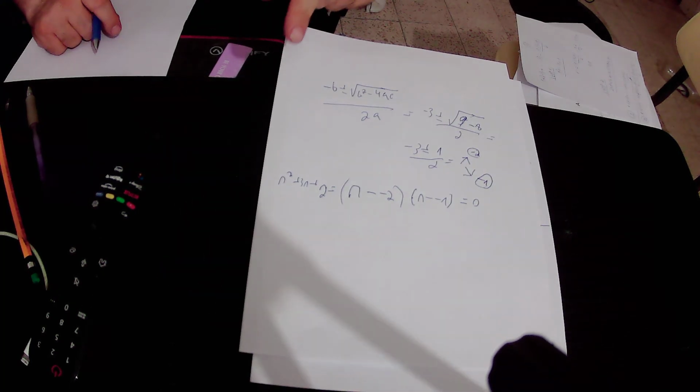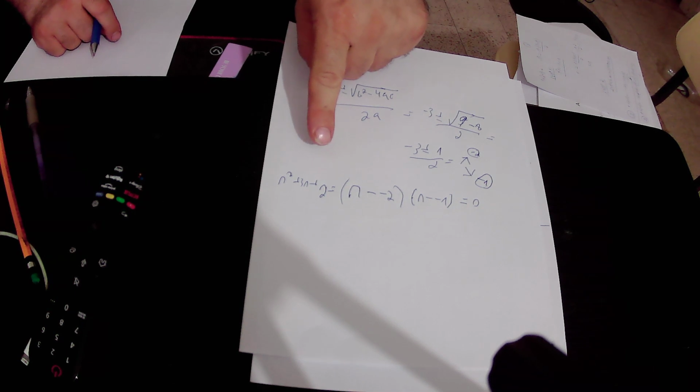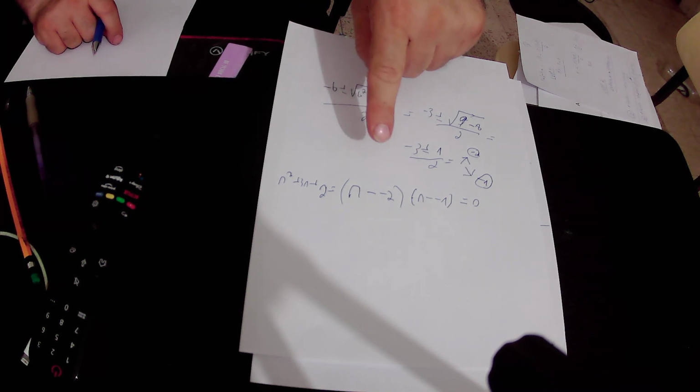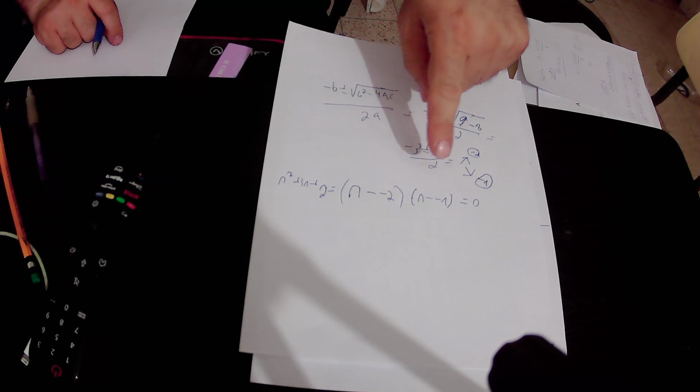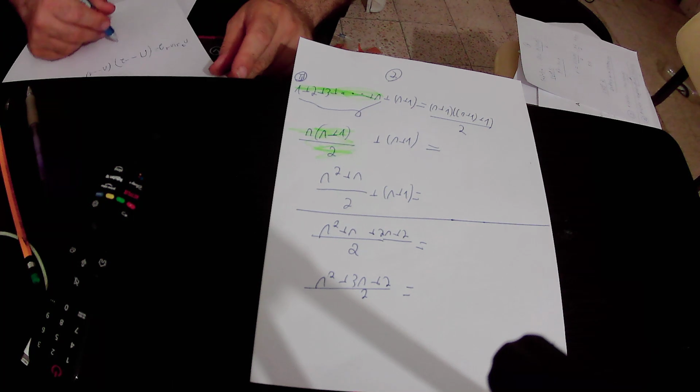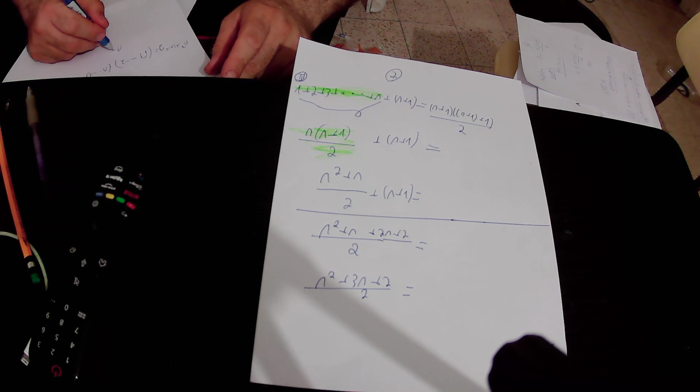So n squared plus 3n plus 2 equals n minus minus 2 times n minus minus 1, or n plus 2 all multiplied by n plus 1.